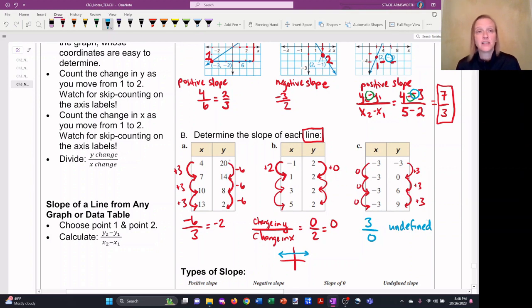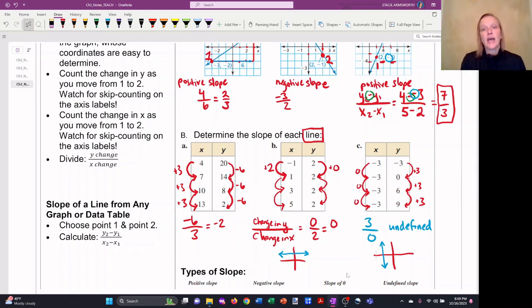So this is an undefined slope, and the reason it's undefined is because this is not a function. When the x value is always constant, it is a vertical line here at x equals negative 3. And this isn't a function because it fails the vertical line test. As I move my pen across the graph, my pen hits that graph in more than one point when I'm at x equals negative 3.